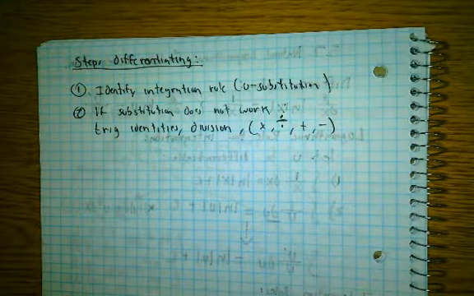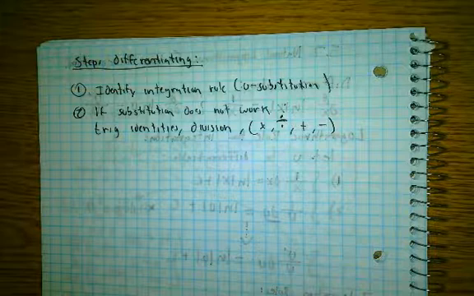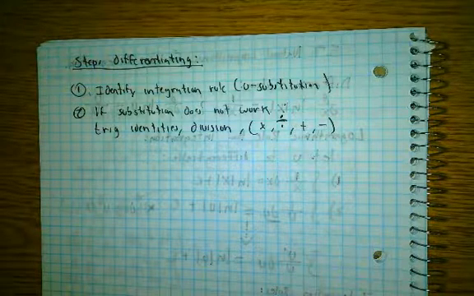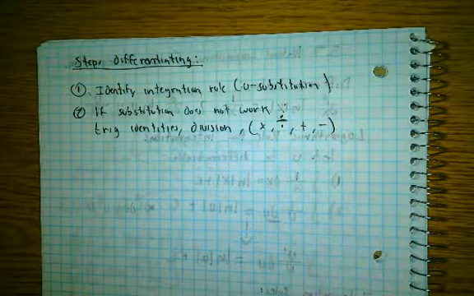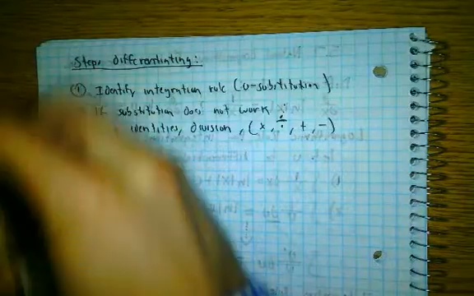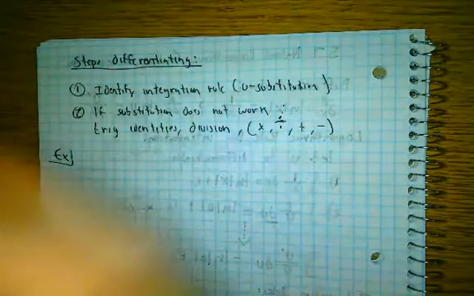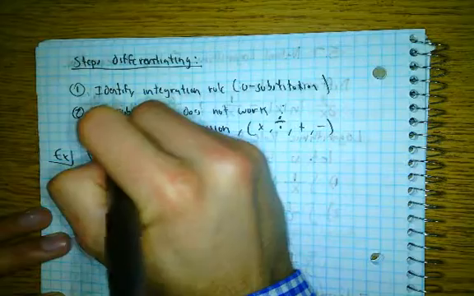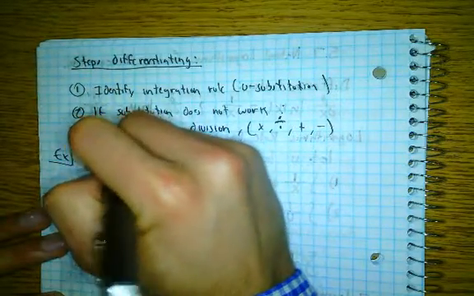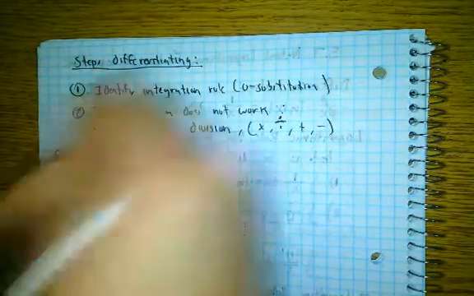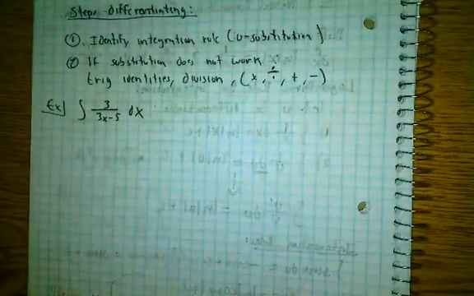Alright, let's do this. Example number one. The antiderivative of 3 over 3x minus 5 dx. When I look at that, hopefully you can recognize that this is a natural log.